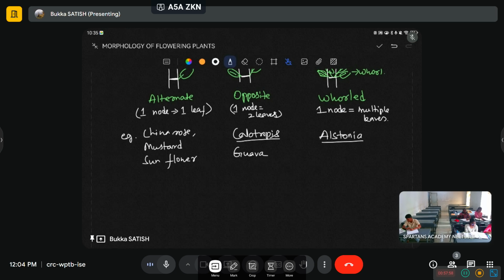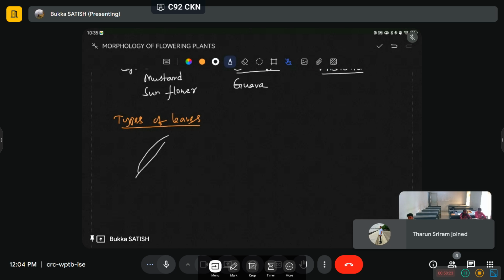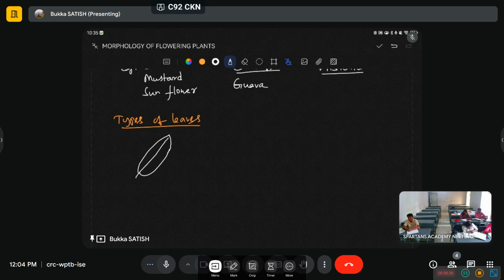Right. The next one, types of leaves. See, here also you need to understand the concept properly. And listen properly first. I'll take three different possibilities here. See here, the margin of the lamina.